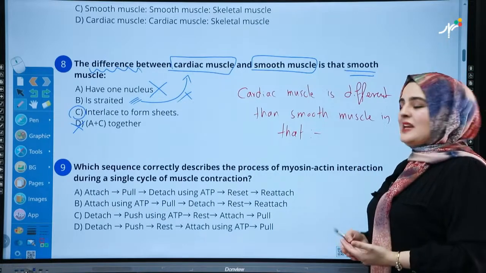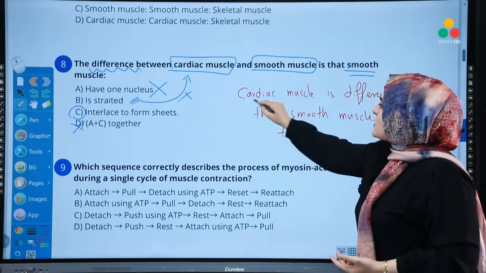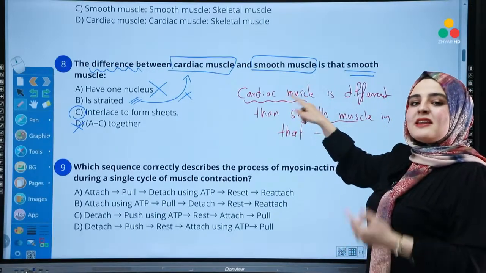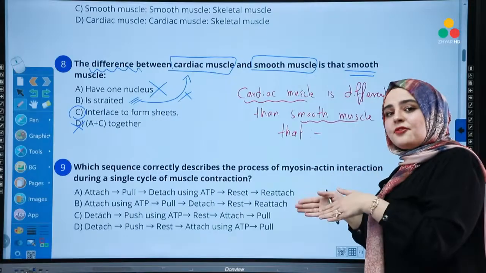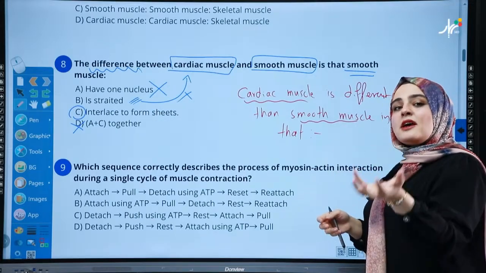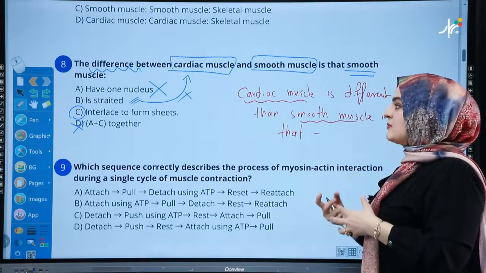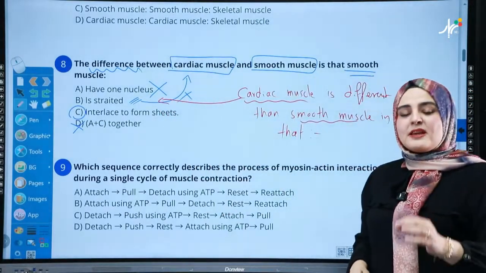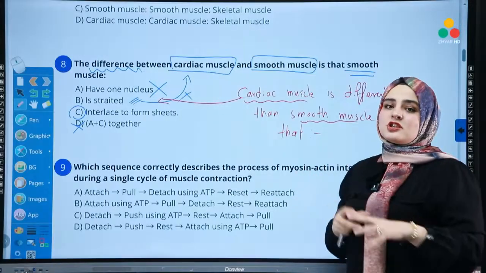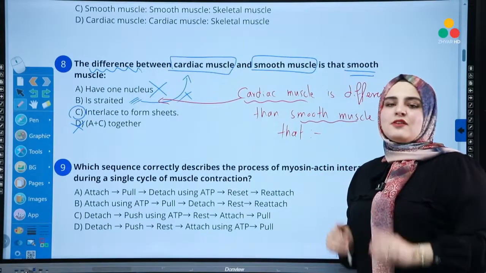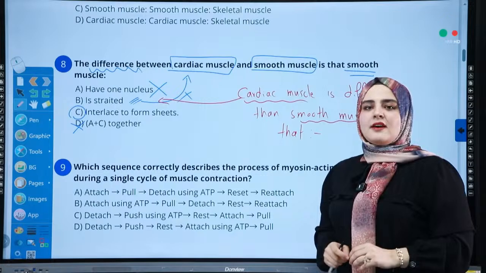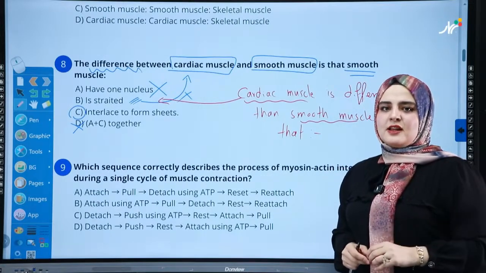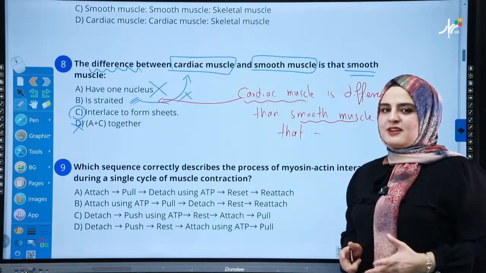So how would we know? In questions like that, where it's only mentioned once here and once here, the first one is what we look for. The cardiac muscle is different than smooth muscle. It means that we're gonna choose a characteristic for cardiac muscle. In that case, we were going to choose B. Okay? The phrasing of the question changed the answer. So be careful of this. That's why I always say biology needs a certain level of English proficiency that's going to help you. Try to build your vocabulary for these things.